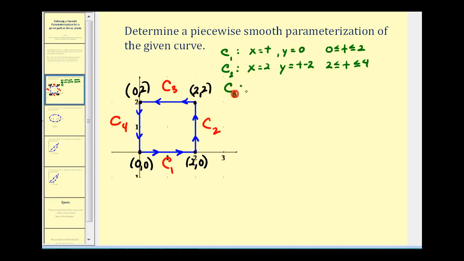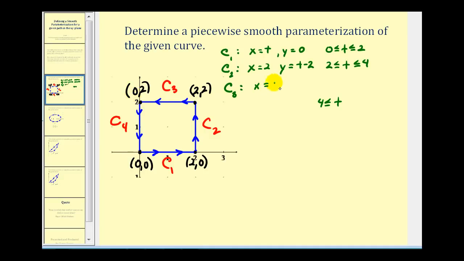Now let's take a look at curve 3. We go from the point (2, 2) to the point (0, 2). But now t has to start at 4, and we'll see where it stops. So we need to create a formula with t in it where t starts at 4 and x goes from 2 to 0.